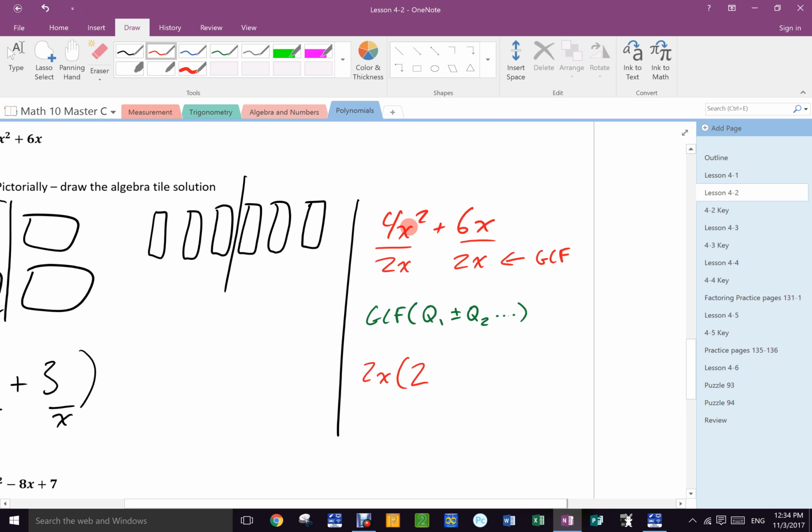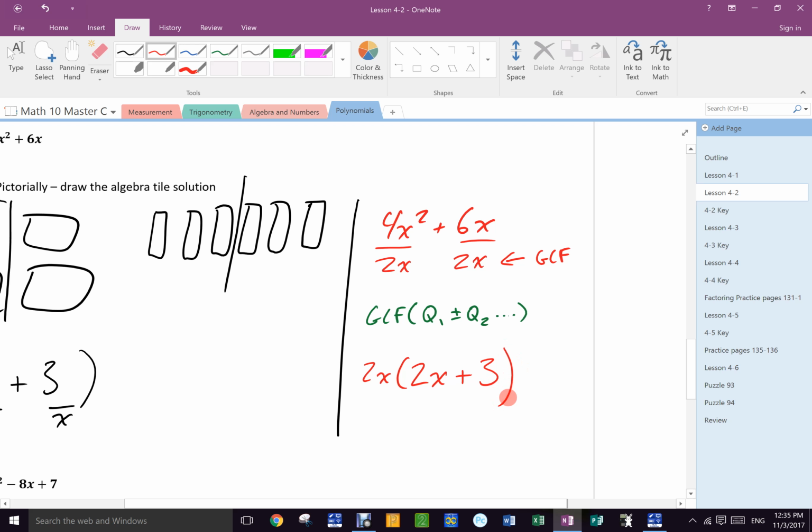X. Right? Then it's a plus. So what do I write down here? Plus, what do I write here? Plus, what's 6 and 2? 3. X divided by x? Nothing. It's 1. 3 times 1 is 3, so we don't write the 1, correct?